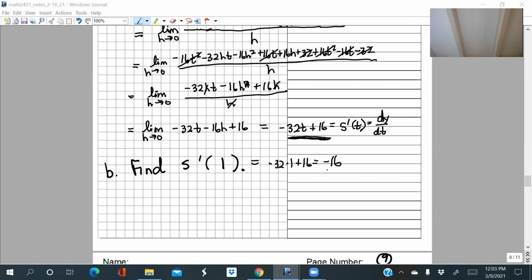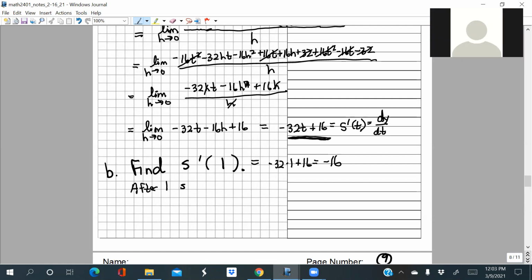All right, now Daniel, let's take that a little bit further. We know the diver is coming down. So let's see if we can expand our definition a little bit. After 1 second, because that's what we're dealing with here, we're dealing with the rate of change after 1 second.